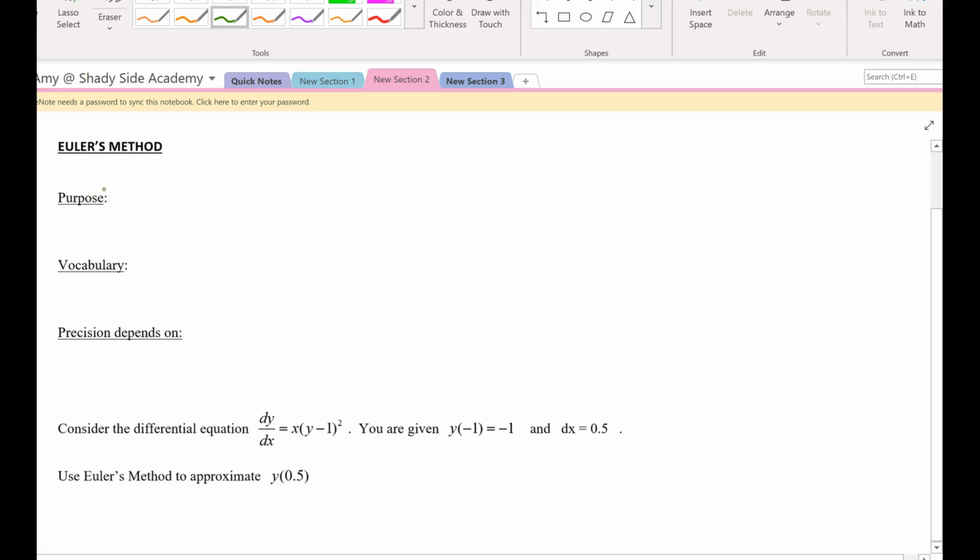So Euler's method is a method of approximation. The purpose of Euler's method is to approximate function values.